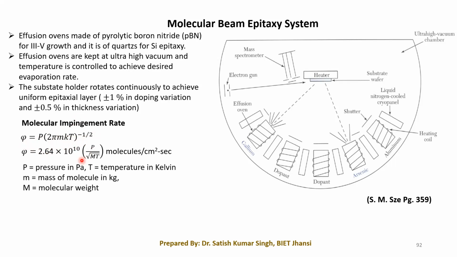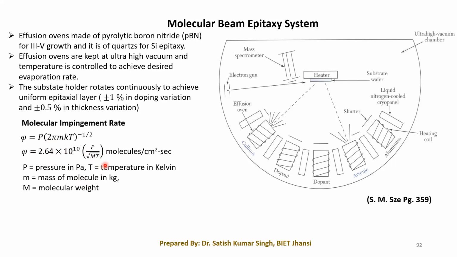And if you substitute the value of the Boltzmann constant, and multiply it with the mass of the molecule in kgs, and do this calculation, you will come up with this particular equation: 2.64 times 10 to the power 10 times p upon root over m T.